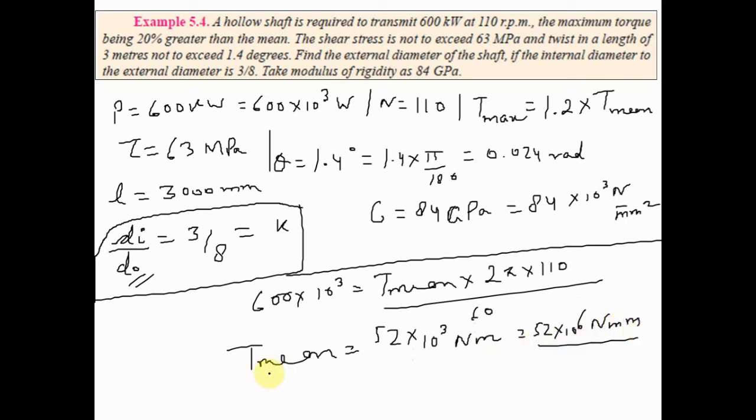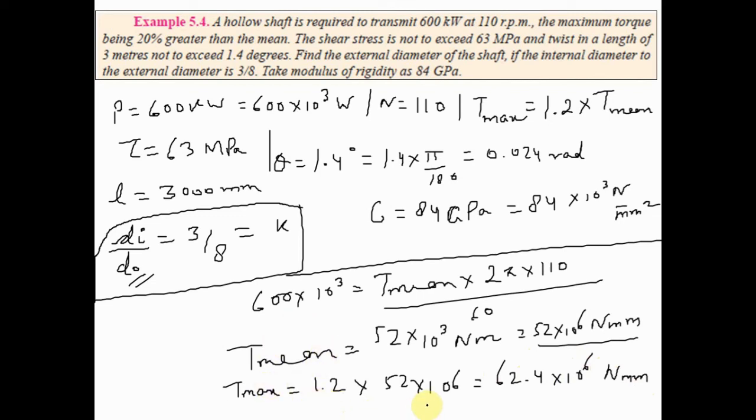So T max is equal to 1.2 times this value. You will be multiplying 1.2 times 52 into 10 to the power 6 Newton millimeter, that is equal to 62.4 times 10 to the power 6 Newton millimeter. This is the value of T max. So take a note of this one up to T max. Be clear.